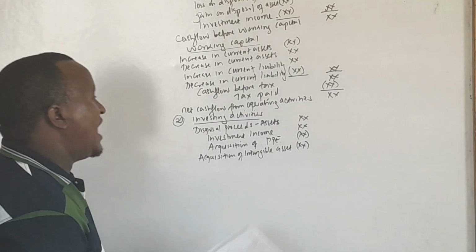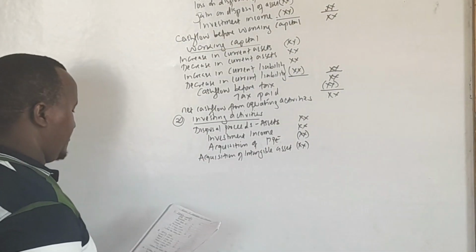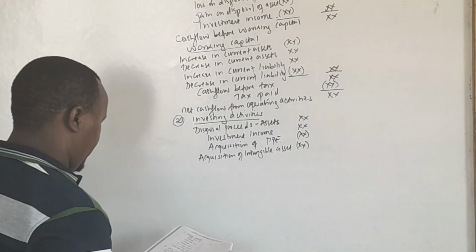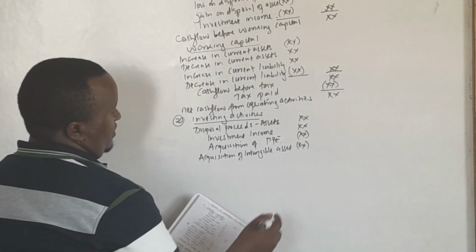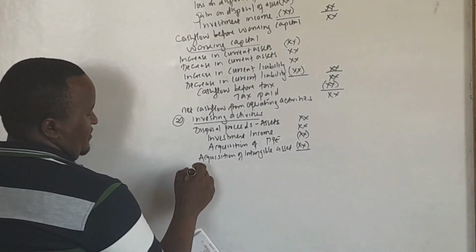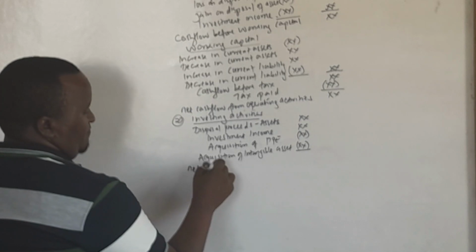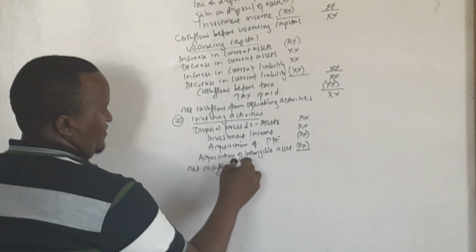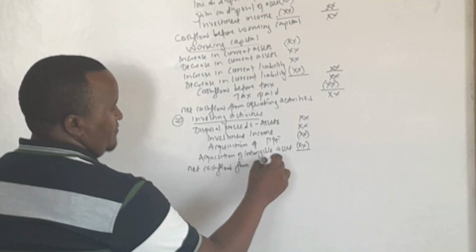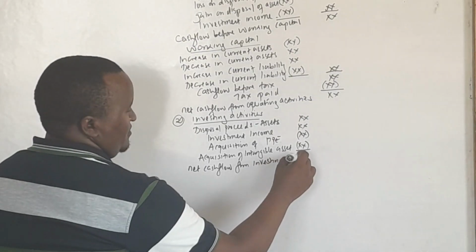So the acquisition, remember, is an outflow. The one that we're putting negative is an outflow. You get the net cash flow from investing activities.